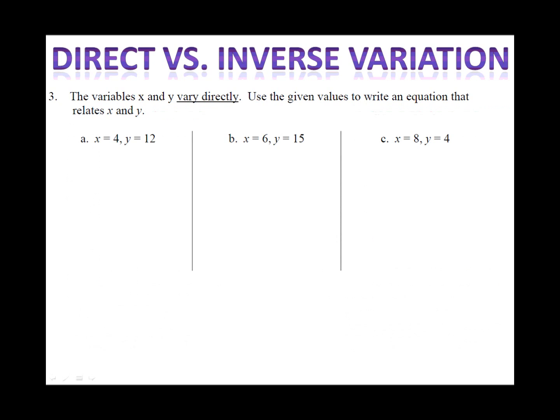In example 3, they tell us that the variables x and y vary directly. We're told that they want us to write an equation that relates x and y. Remember, the equation for a direct variation is a line y equals mx plus b. The first thing we'll do is find the slope of the line, or, as we call it here, the constant of variation.